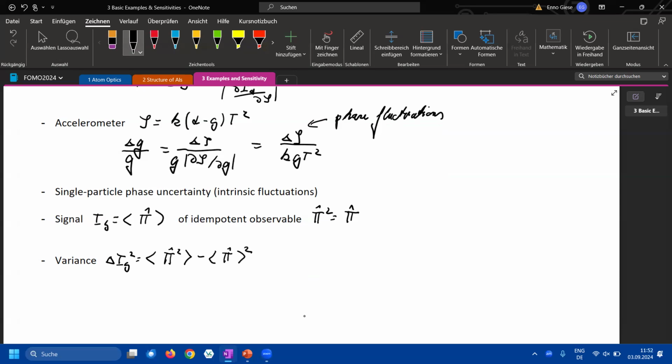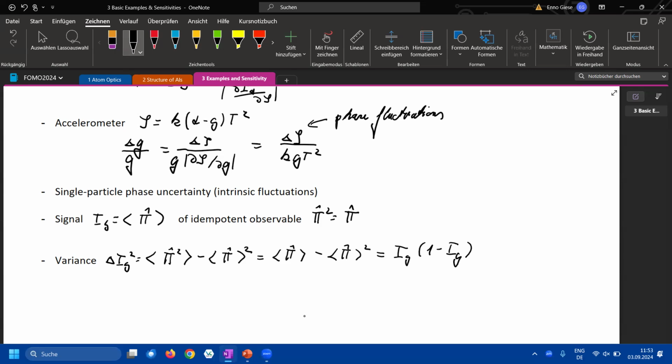And now because I know Π squared is equal to Π, I can just write this as the expectation value of Π minus the expectation value of Π squared, which means I can write this just as the interference signal times 1 minus the interference signal. And this is now a quantum mechanical fluctuation. These are quantum fluctuations of our atom. And this is the intrinsic limit that we can achieve if there is no technical noise.